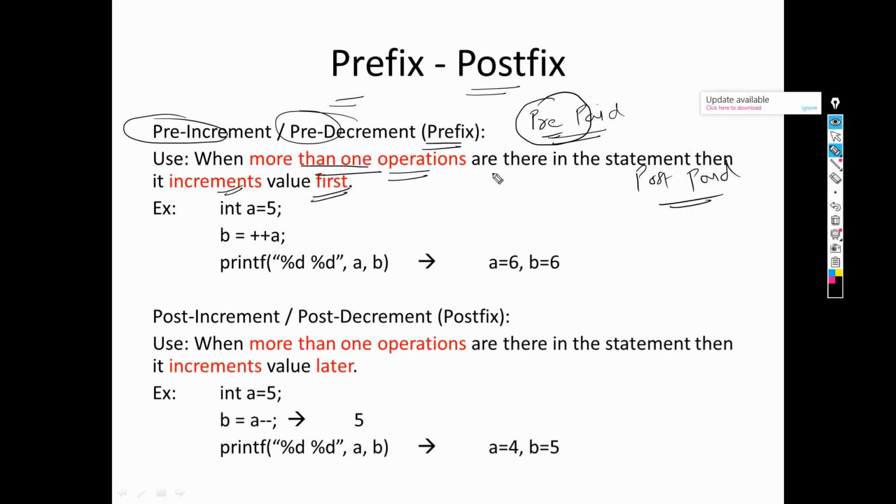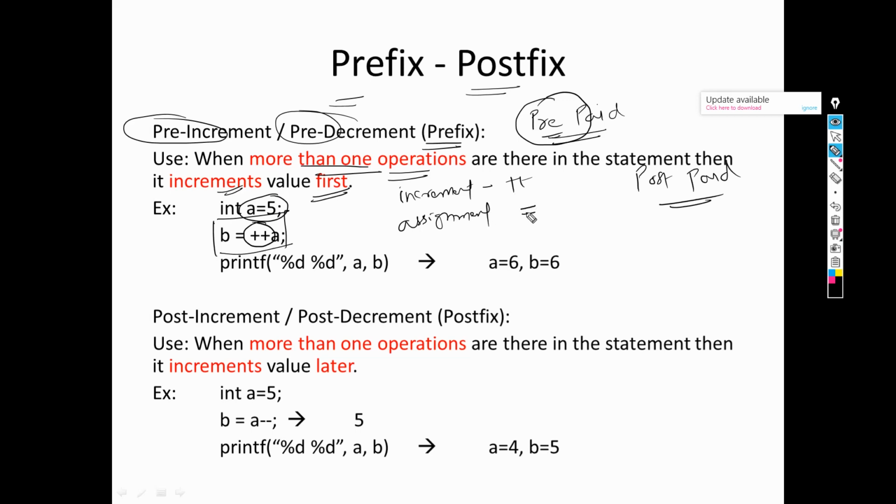Let us understand with one example: a equals 5. Now if we look at this statement, b equals plus plus a, there are two operations to be performed. Which two? One is increment, since it is plus plus, and the second is assignment.